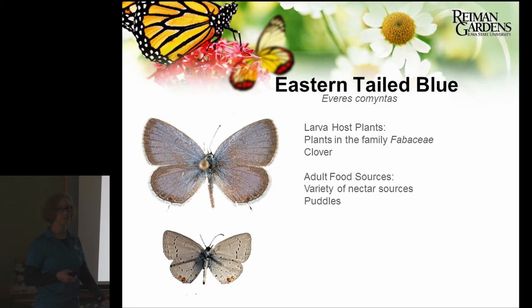If there's clover blooming along your pathway, they really like to nectar on clover. They do nectar on a variety of sources, like I said, usually smaller flowers. Because of their size, their proboscis is quite a bit shorter than some of the other species, so they have to use smaller flowers to be able to eat. And the males also like to puddle.